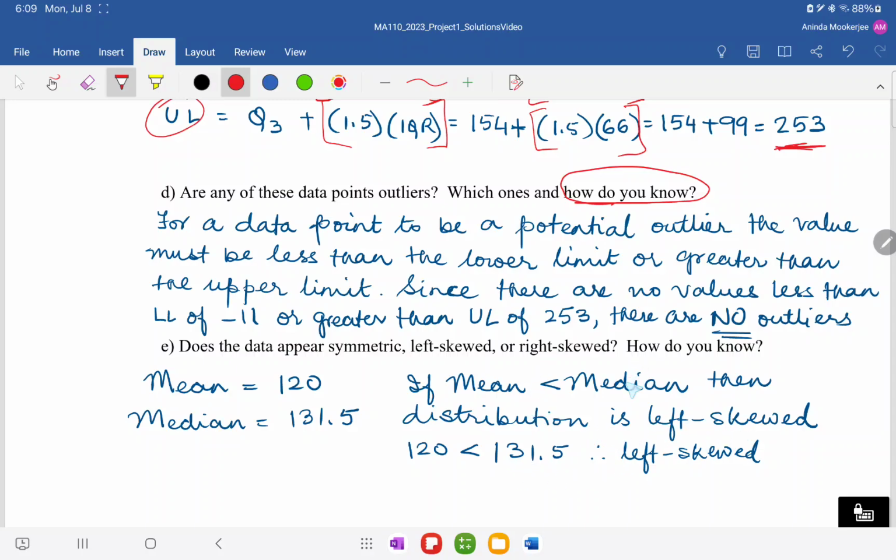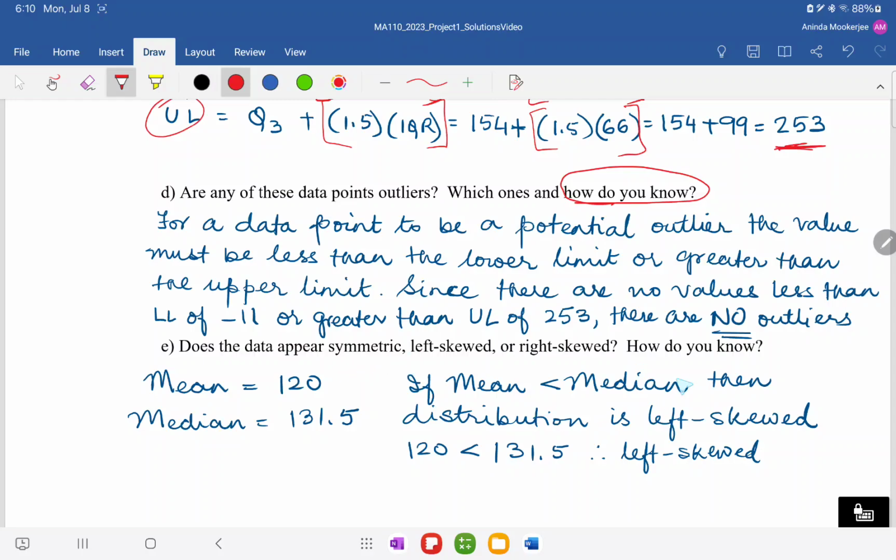If mean is greater than the median, it would be a right skewed distribution. If they are equal or fairly close, just off by a few decimal places, then it's symmetric.